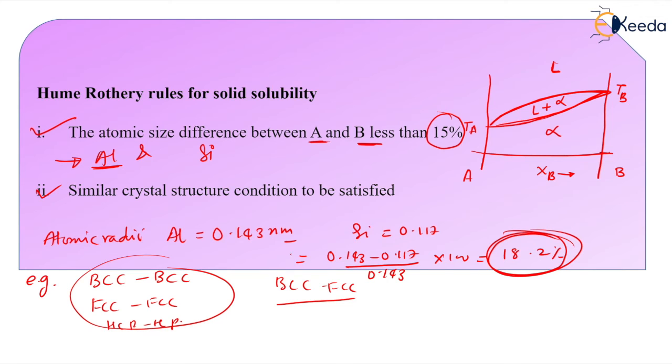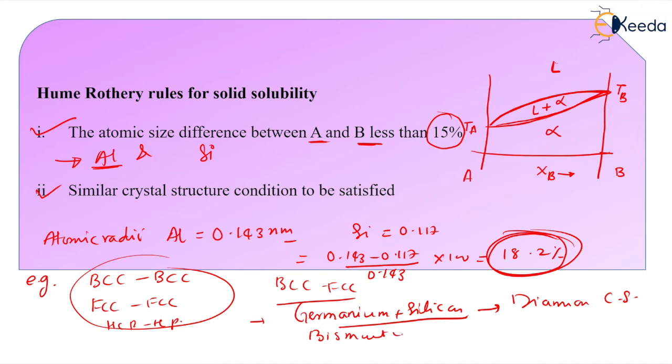Say for example, dear students, germanium plus silicon. Which crystal structure do they have? They have the diamond cubic structure. If I take bismuth plus antimony, Bi plus Sb, they have the hexagonal crystal structure.